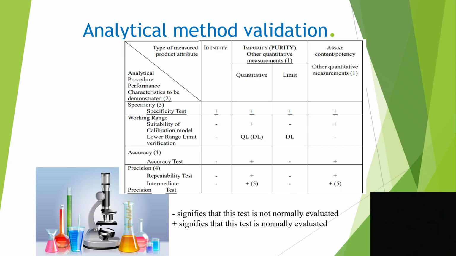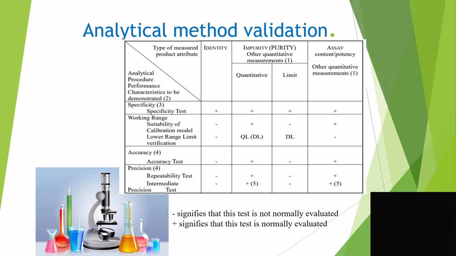If we see specificity, it gives the significance, or this test is normally evaluated. Impurity is also evaluated, quantitative type and limit should be evaluated, and assay is also to be evaluated. But in the working range, identity, suitability of the calibration model, lower range limit, verification signifies that this test is not normally evaluated. But in case of impurity, yes, the quantitative detection level is to be done.